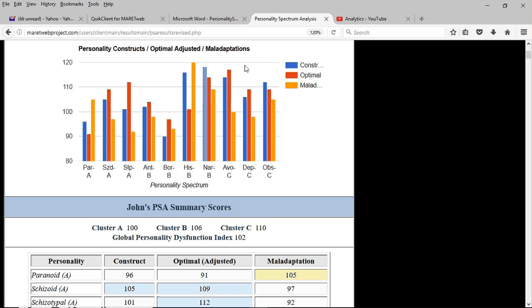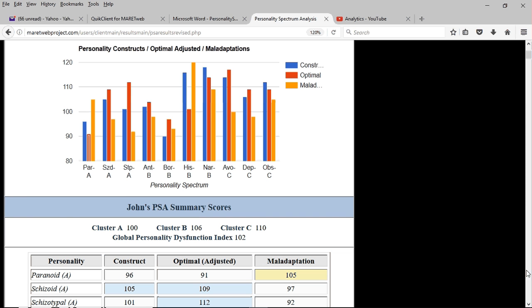And of course, you can see the maladaptive and the optimal. Paranoid in this particular case, while there's a whole lot more maladaptation there than there is optimization with these traits.